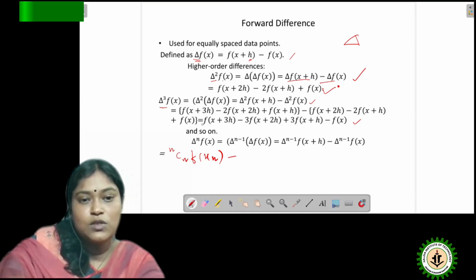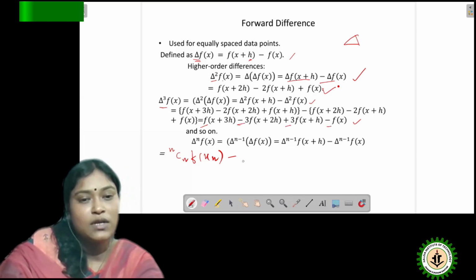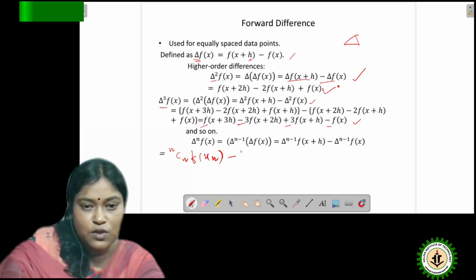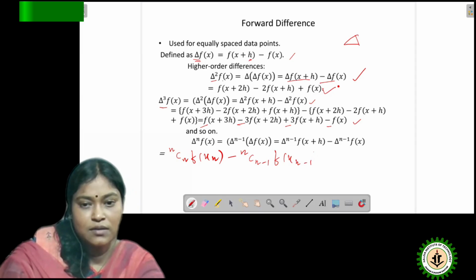For delta cube also we have plus, then minus, then plus, then minus, so here also we get an alternating series. The coefficients will be nC(n minus 1), nC(n minus 2), and so on.